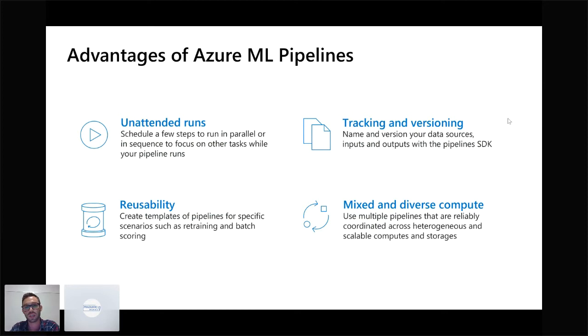Just like a lot of the other things within our Azure Machine Learning workspace, it also enables tracking and versioning, and reusability, so you can download this as a template or simply save it and have it reused by other people within that workspace. And within each of those steps, we can utilize many different computes. So you're not limited to one specific compute for a pipeline. It's actually how you configure each step in the pipeline.